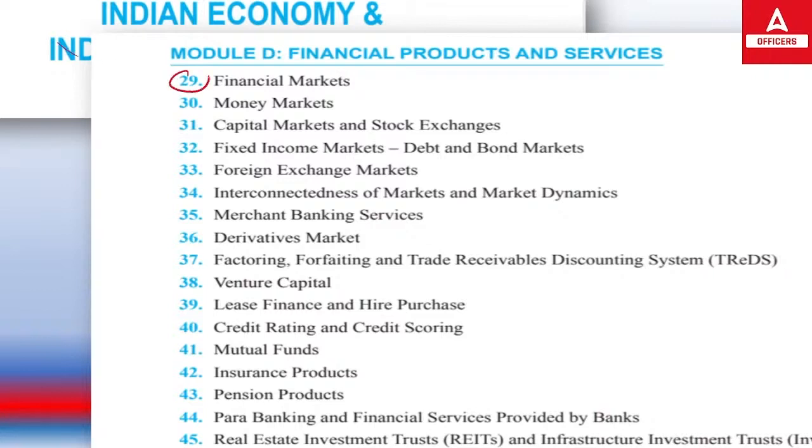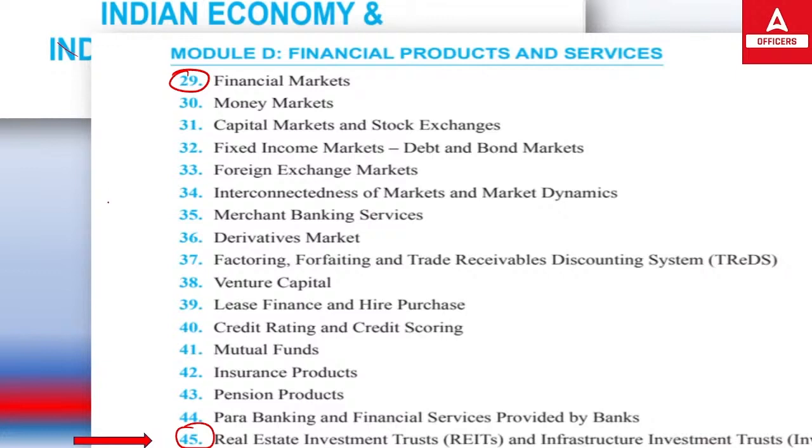Module D starts from unit 29 and it ends at unit number 45. We have discussed all the units here, and today will be the last day of your module D unit wise discussion, because today it is the real estate trust and infrastructure investment trust unit that we are going to discuss in this particular session.